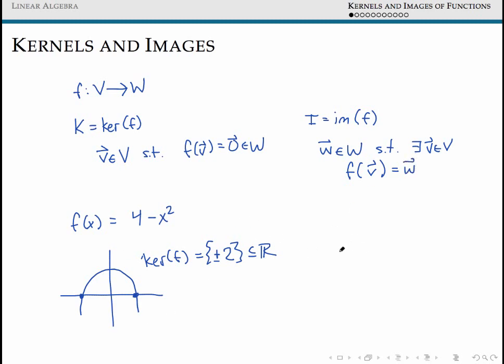So for this same map that we see on the left, the image of f is every real number less than or equal to 4. So this is the set of all reals from negative infinity up to positive 4. Note that F was a map from R to R.